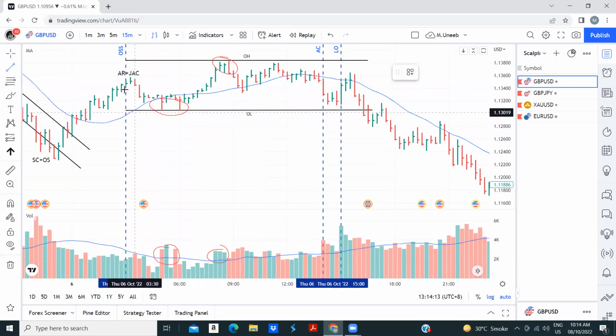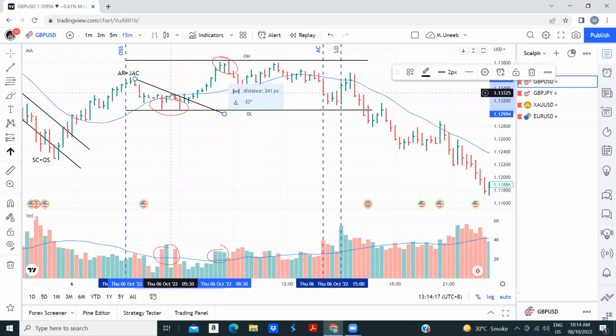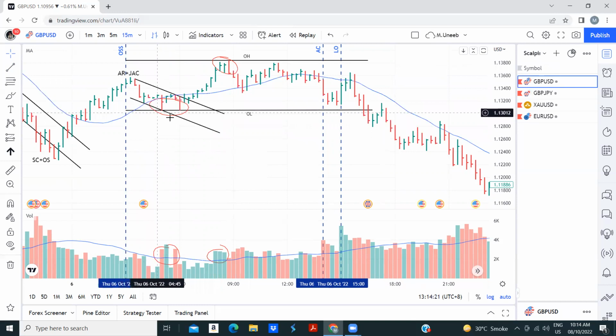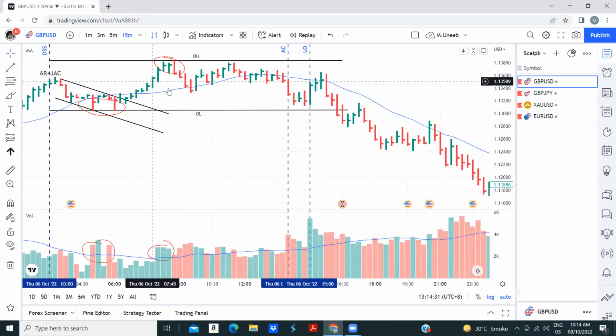So this is kind of redistribution going on over here. Reaccumulation. And then this reaccumulation makes the price go up. It continues. And once the price is reaccumulated here, what do we see?